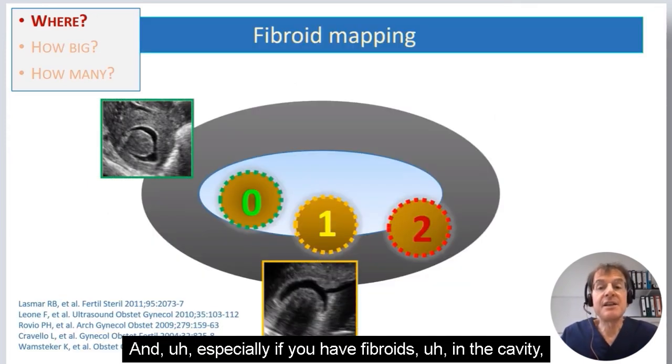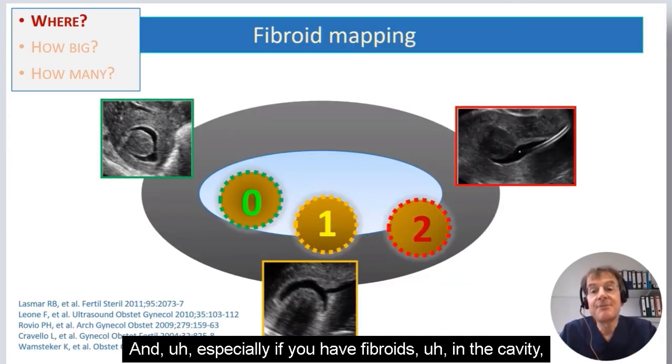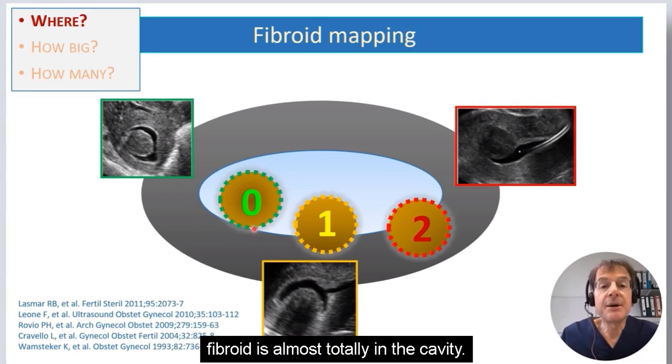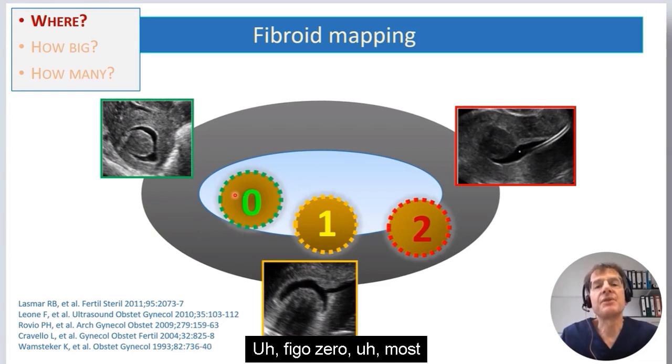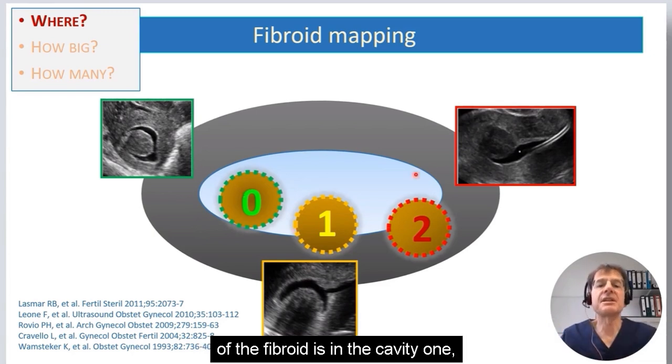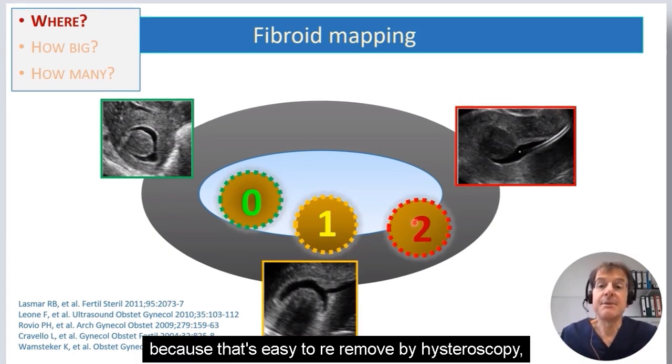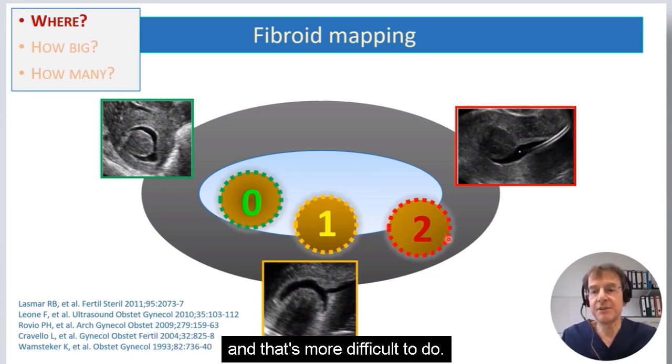And especially if you have a fibroid in the cavity, it's important to see if the fibroid is almost totally in the cavity, FIGO 0. Most of the fibroid is in the cavity, FIGO 1, or most of the fibroid is intramural and not in the cavity, because that's easy to remove by hysteroscopy and that's more difficult to do.